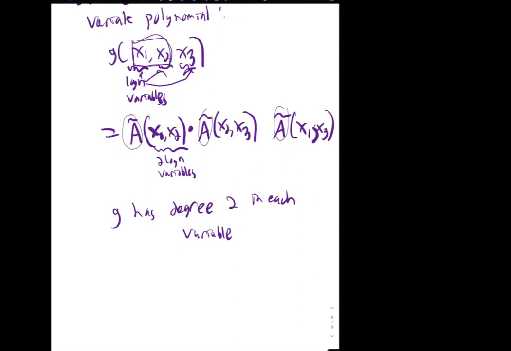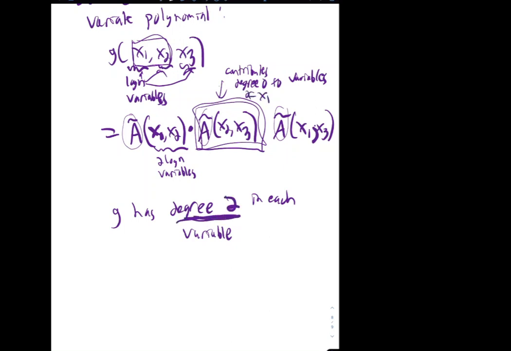Like x1 gets fed into the first and the third copy. So this factor here contributes degree 0 to the variables of x1, just because the variables of x1 are not fed into this copy here. So for that reason, G actually has degree 2 in each variable.